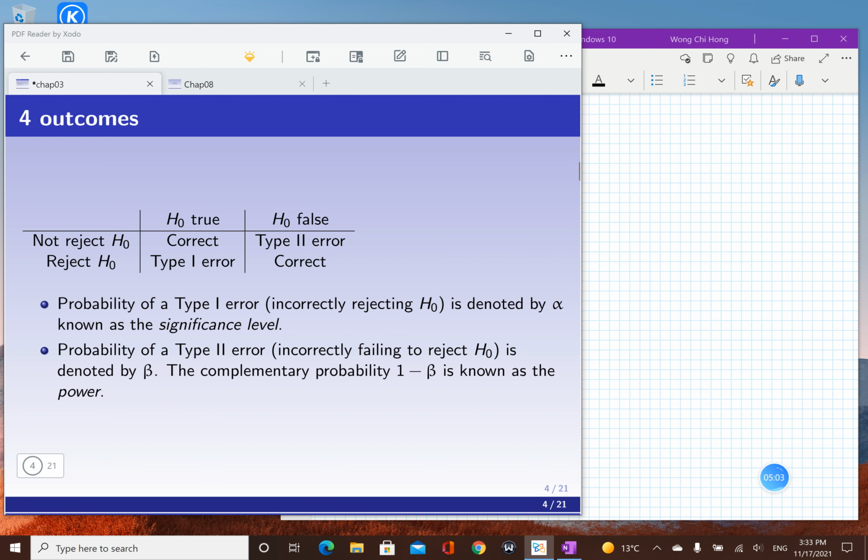This is a number that's often not easy, or actually impossible, to find unless you have some very specific alternative hypothesis. For instance, with your coin, say I'm not sure whether my coin has a probability of giving a head of 0.5 or 0.9.